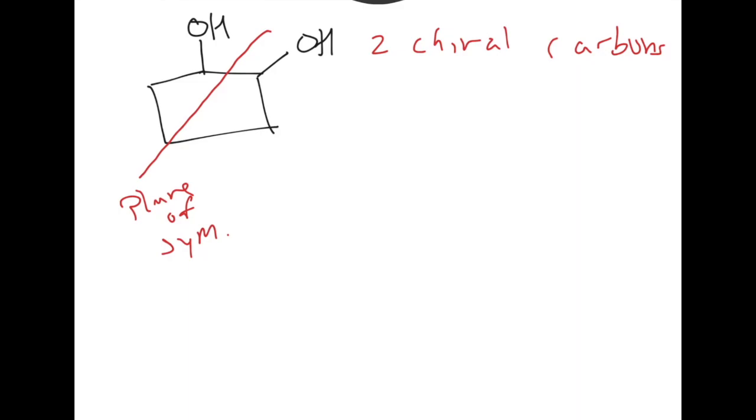Which means I'm going to lose one of my isomers. So normally this would be 2 to the n, 2 squared, so it'd be 4. But because I have that plane of symmetry, I know one of those isomers is going to be meso. So I only have 3 possible isomers.